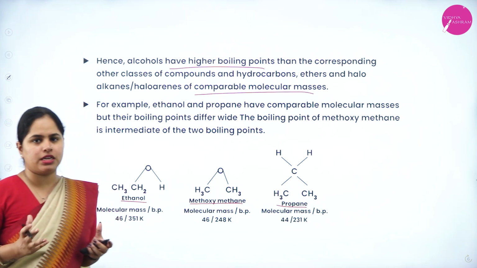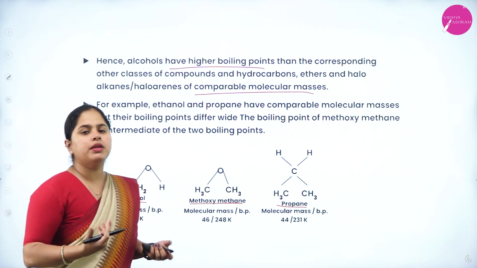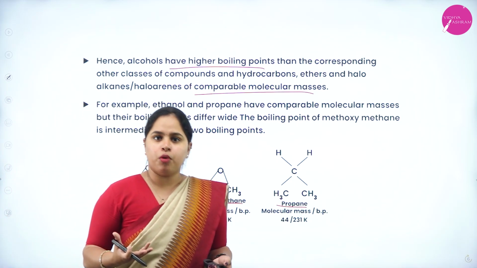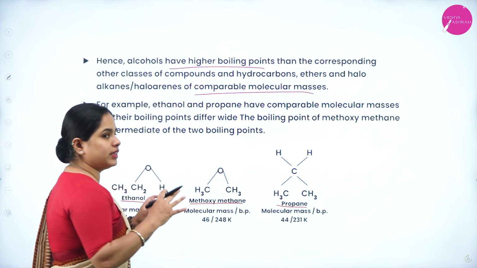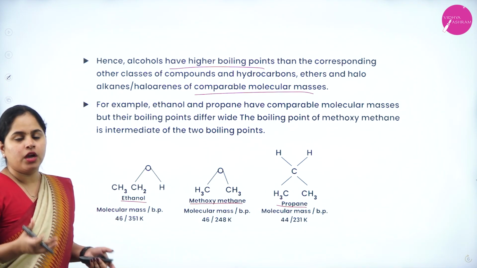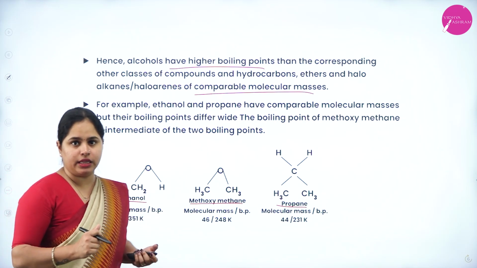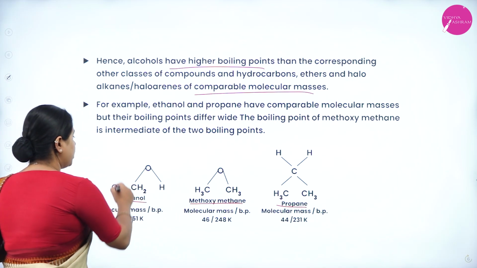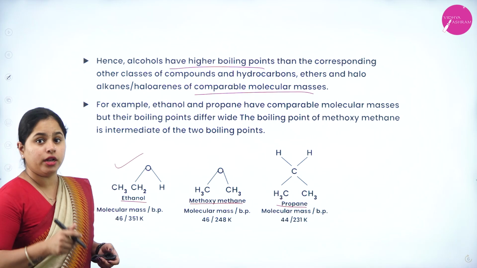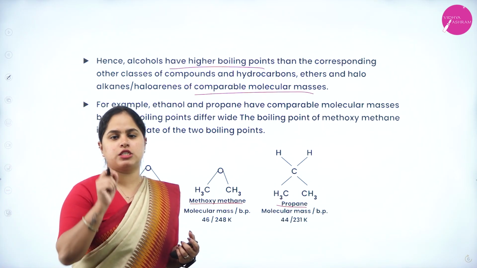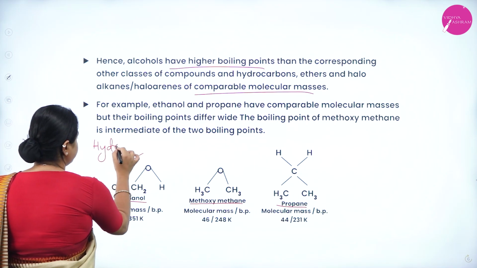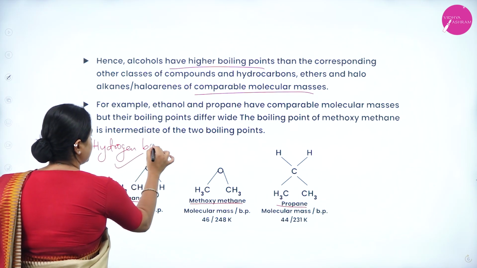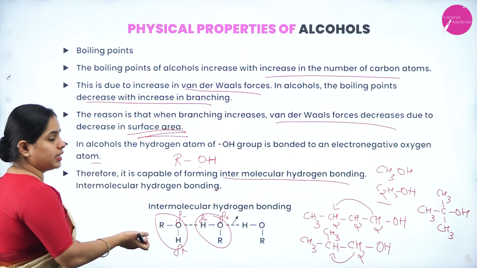If their molecular masses are similar, then their boiling points should also be almost the same. But if you compare alcohol with a hydrocarbon or ether, the alcohol has the highest boiling point, because in alcohols hydrogen bonds are present, as we just discussed in the previous slide.